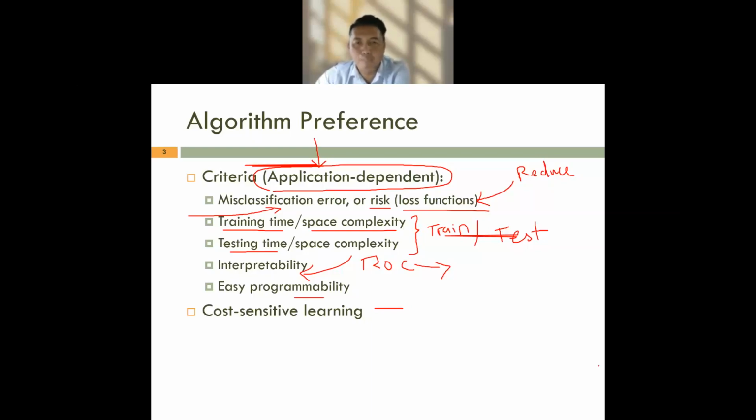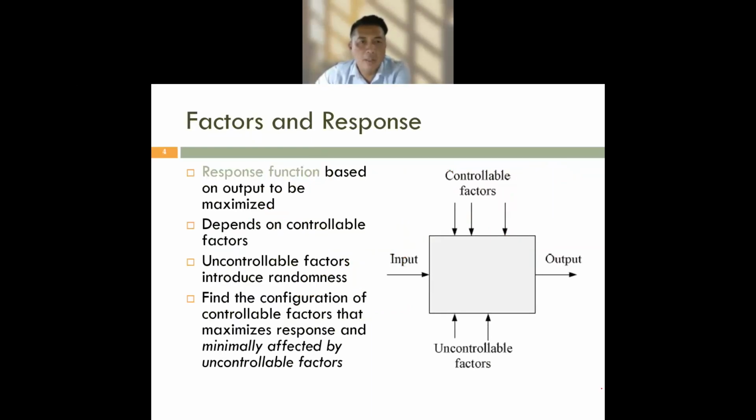Okay, so when we have the input here, we have all the controllable factors. These are the parameters that we can change or manipulate. We also have some uncontrollable factors, which are used just like that.